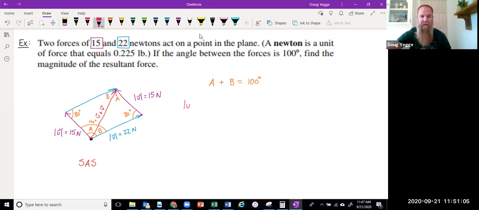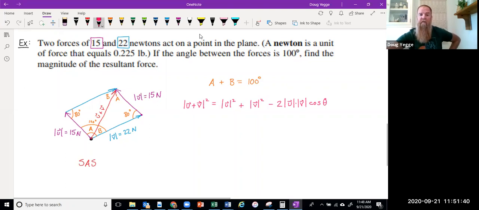The magnitude of u plus v squared is equal to the sum of the squares of the other two sides, so the magnitude of u squared plus the magnitude of v squared, and remember, magnitudes are just lengths, minus 2 times the magnitude of u times the magnitude of v times cosine of the angle between them.